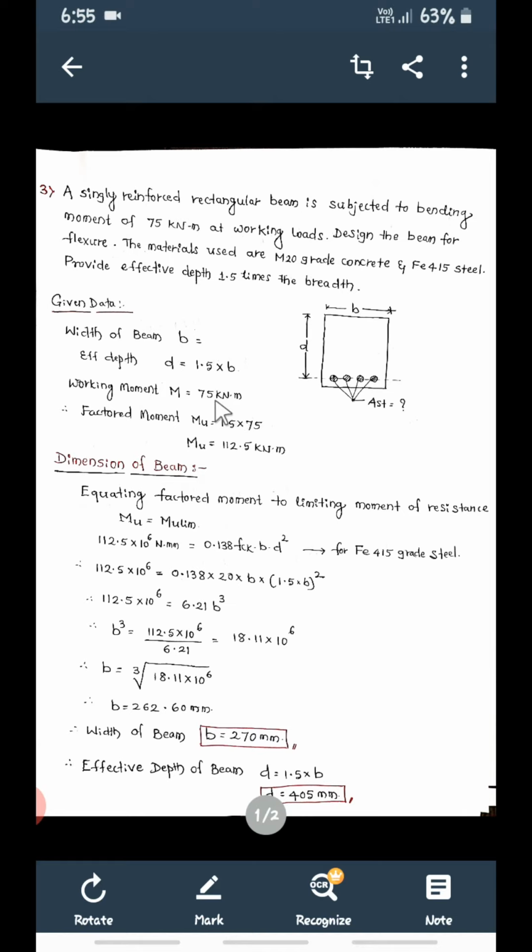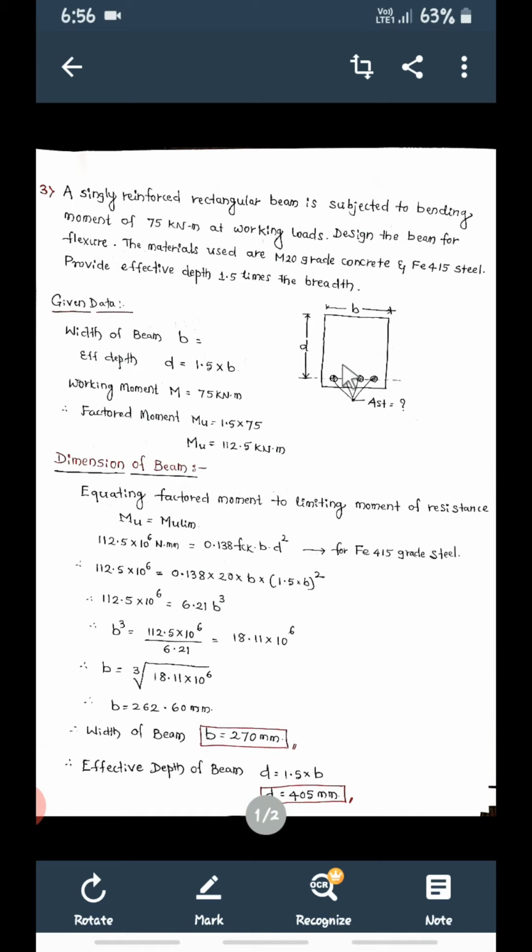Multiply by 1.5 to get the factored moment. So factored moment Mu is equal to 1.5 times 75, that is 112.5 kilonewton meter. Working moment multiplied by the factor of safety, 1.5, gives Mu. Effective depth d is equal to 1.5 times of breadth, and b is as it is.